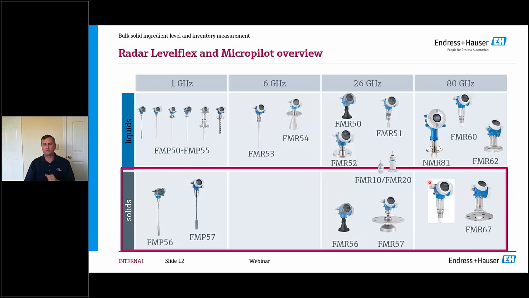Today we will be focusing on the FMR67, which is this model here. You can see this uses the 80 gigahertz frequency for the microwave itself. And I'll cover in a few minutes why that is the first choice for solids applications, so we can have a technical background to that.